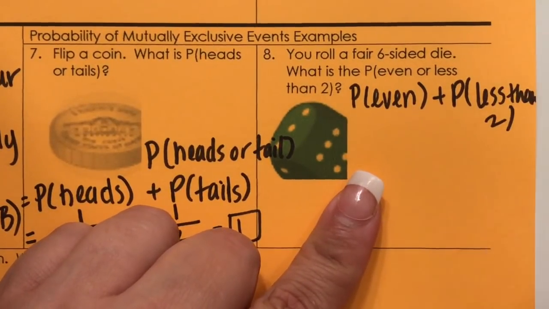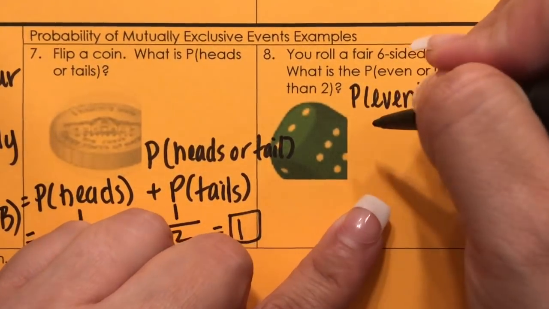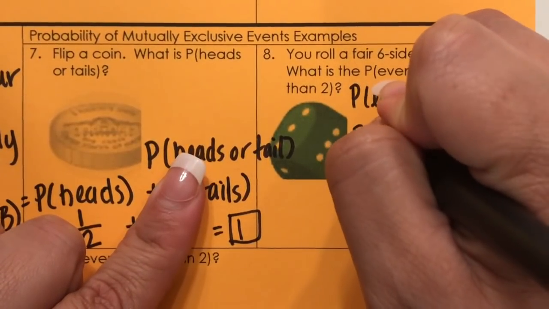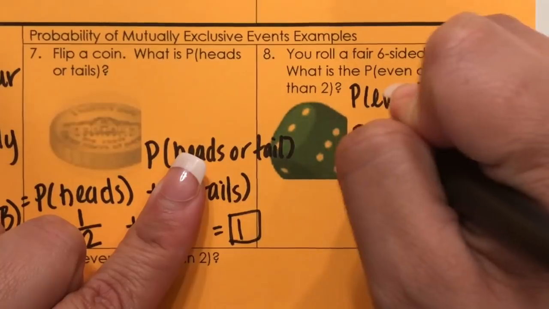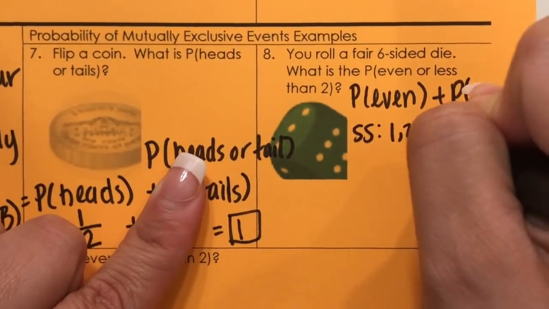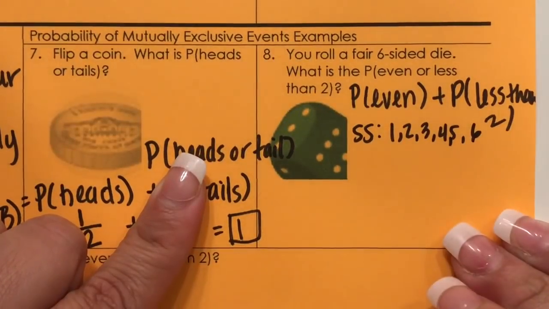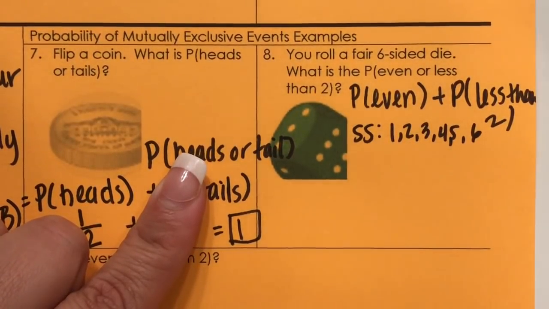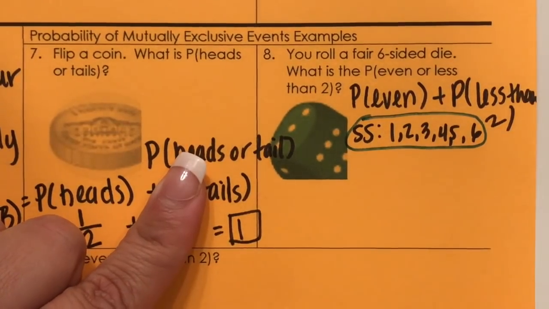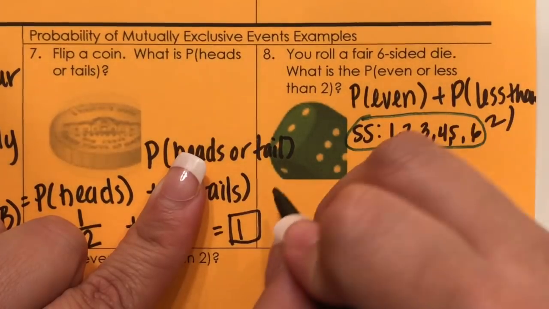So let's talk about our sample space. We know that our sample space is going to be 1, 2, 3, 4, 5, and 6. Since our sample space is 1 through 6, because you're talking about the faces of the die, we know that each of these is going to have a denominator of 6.